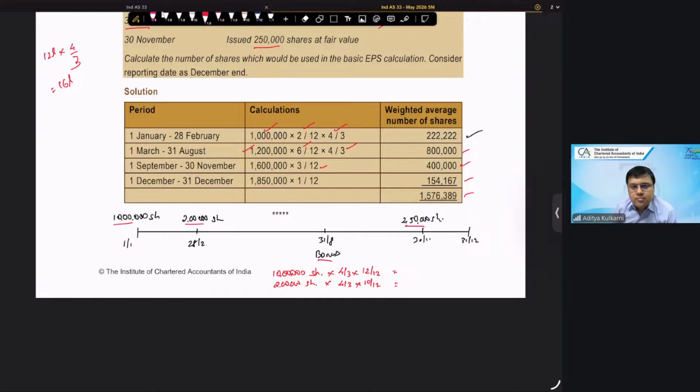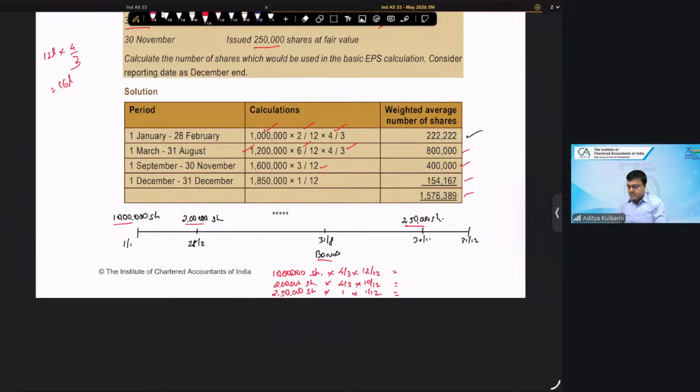Yes, sir. But I got answer as 15,87,500. Let us see why you got 15 lakh 87,500. Okay. And the last calculation is 2 lakh 50,000 shares. No bonus for this, and this is in existence for only 1 month. So you should not get different answer.